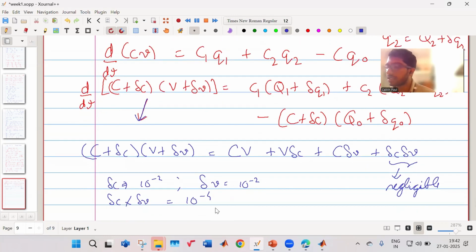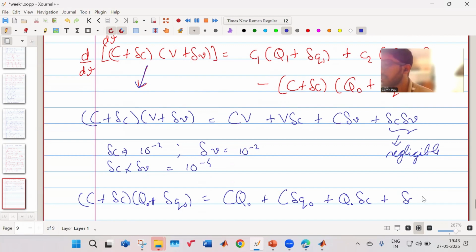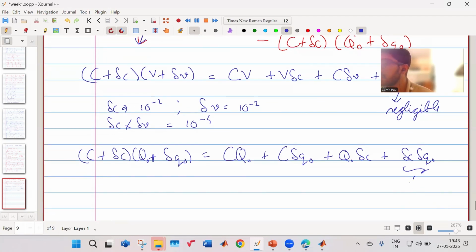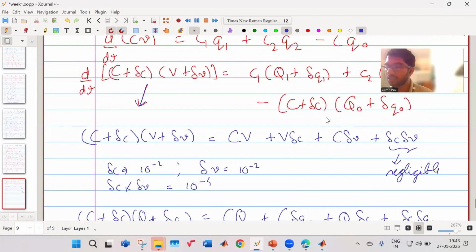Okay. Similarly, we have C plus delta C into Q naught plus delta Q naught. We again write it as C into Q naught plus C into delta Q naught plus Q naught into delta C plus delta C into delta Q naught. Again, this is negligible. Okay. So we use this approximation in this equation.